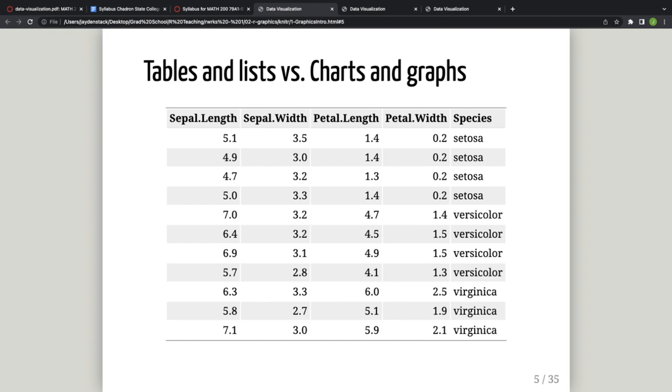And so, what are we trying to look at here? Let's try to find some sort of trend. Let's try to find some sort of relationship between our variables that we have here. Okay, so let's say that I wanted to see what species had the longest petal length or something like that, right? And just by looking at the numbers, I can maybe say, maybe the versicolor species, or maybe the Virginica species has the largest length.